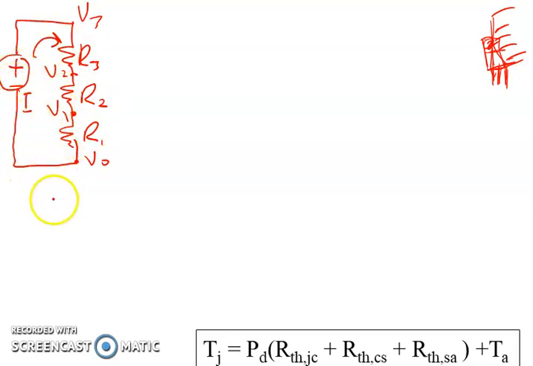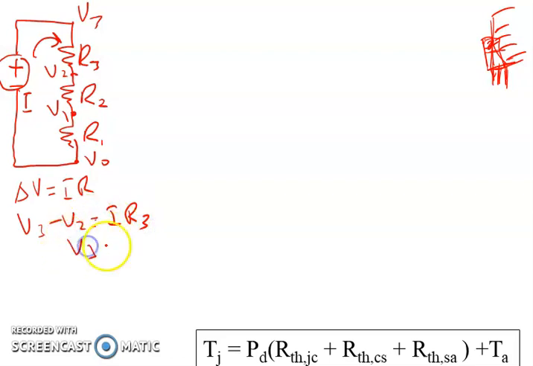So we do analysis using Ohm's law for this circuit, using delta V equal to IR. So for the first, R3, V3 minus V2 is equal to I times R3, or V3 is equal to I R3 plus V2. This is the first equation.